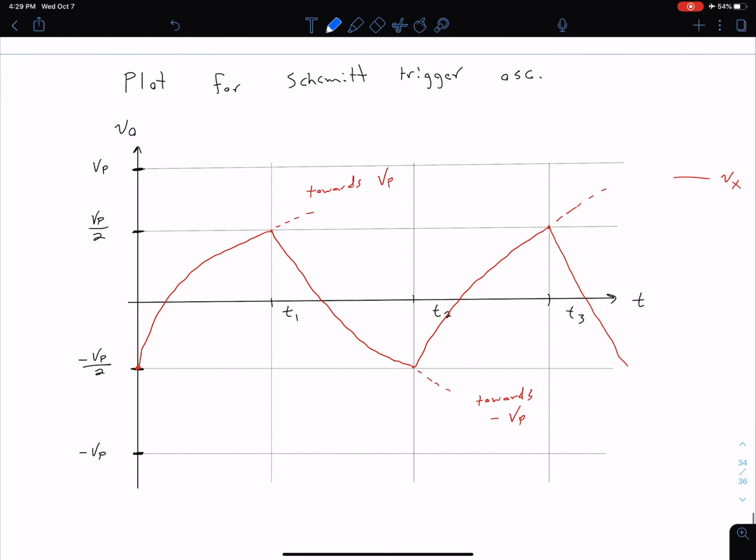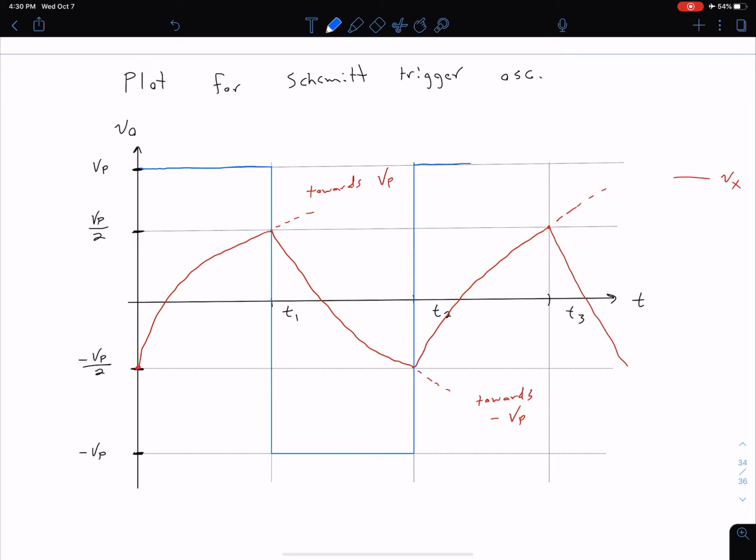So if we're charging towards VP, we have our high output state up here. At this point where it crosses over VP over 2, we switch to our low state. And we stay at our low state until that reaches the threshold of negative VP over 2, at which point we transition back up to our V high.